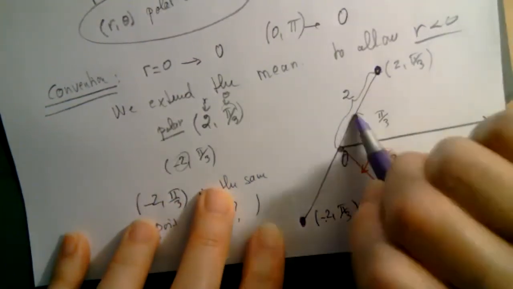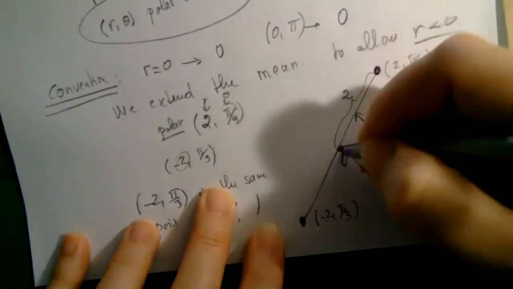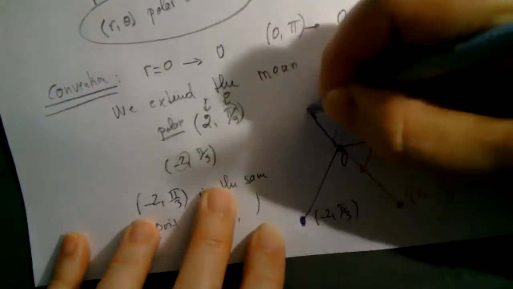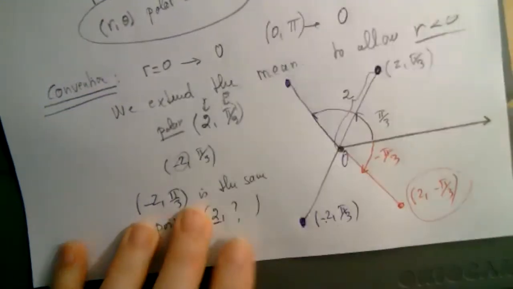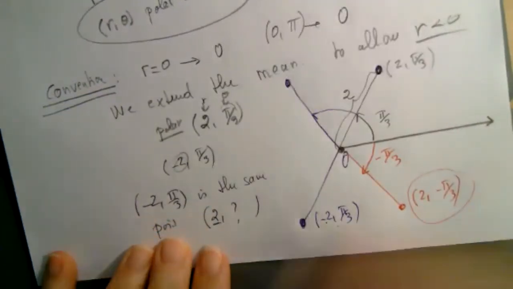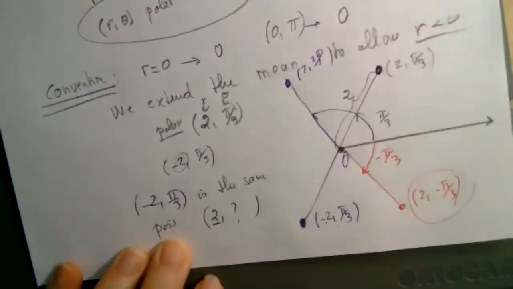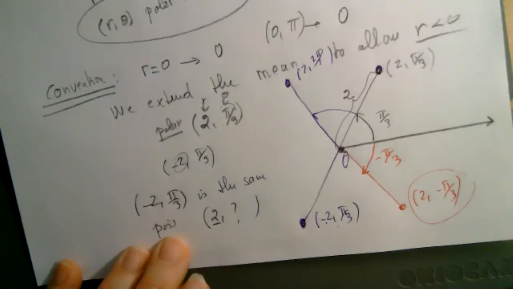2 pi over 3 means you take pi over 3 and you add another pi over 3. So that's 2 pi over 3, and it definitely doesn't work. Now, the last answer was 4 pi over 3, and this one is the correct one.